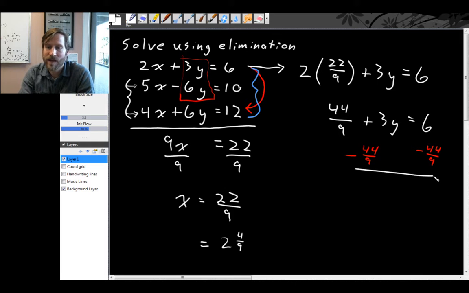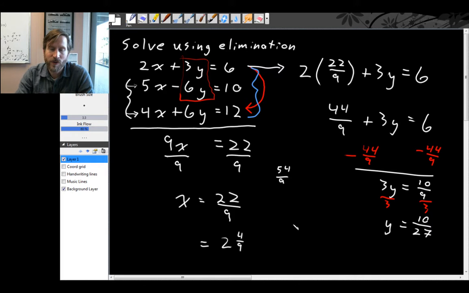We get 3y equals, let's see, 6 is 54 over 9. Minus 44 over 9 is going to be 10 over 9. And then divide both sides by 3. And we get y is 10 over 27.